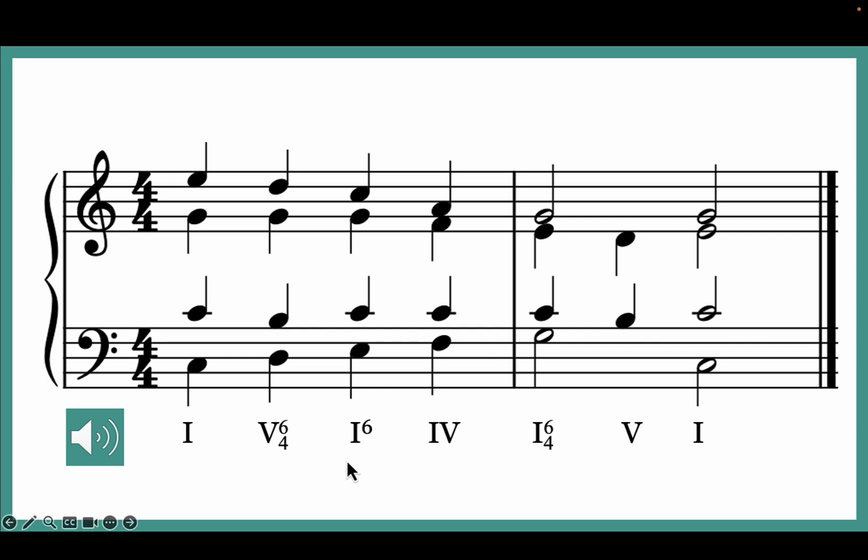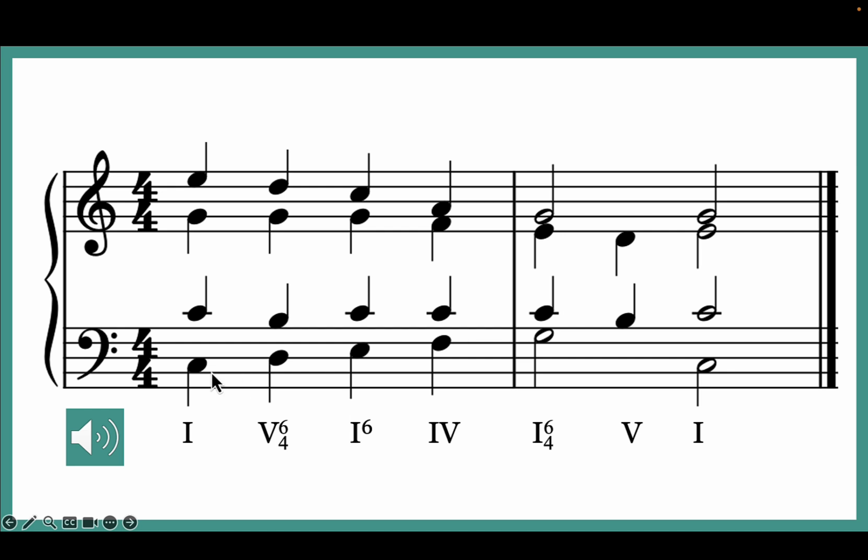Now, as a bonus, even though it is not necessarily germane to what we're doing, we've also been talking about 6/4 chords and special types of 6/4s. And in this little progression, we have 2 special types of 6/4 chords. We have a 5/6/4 here, which is acting as a passing 6/4 from a root position 1 to a 1/6 chord.